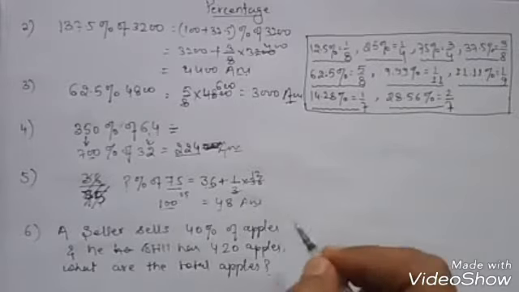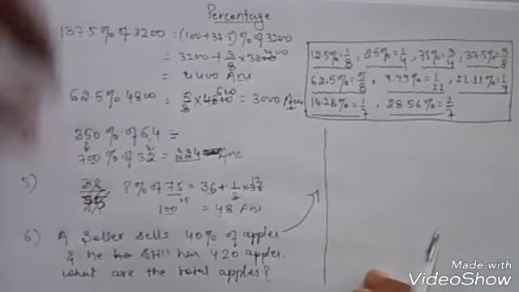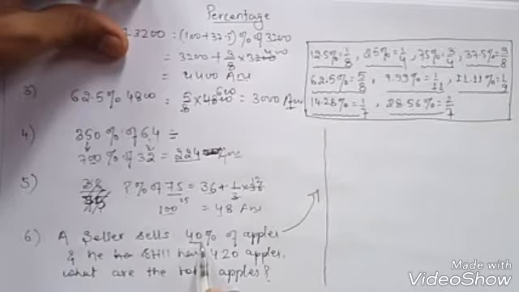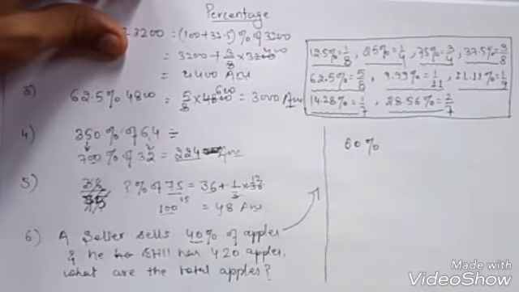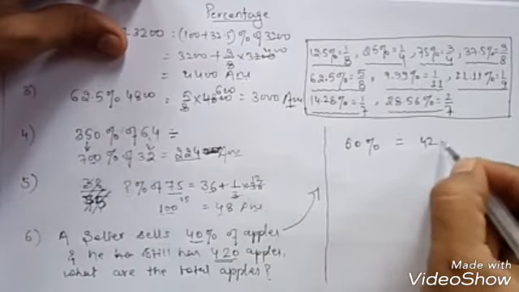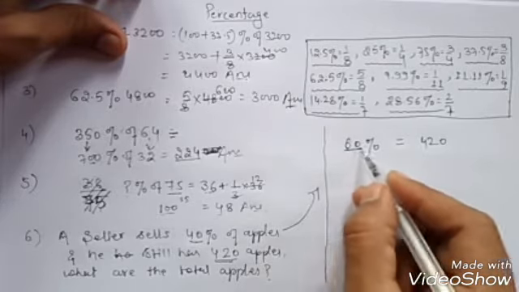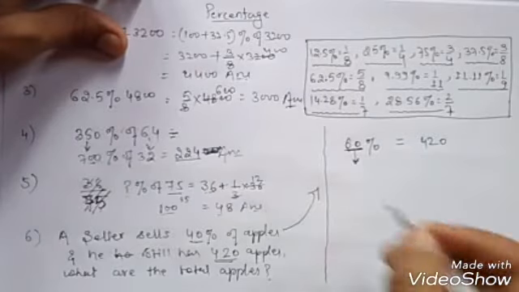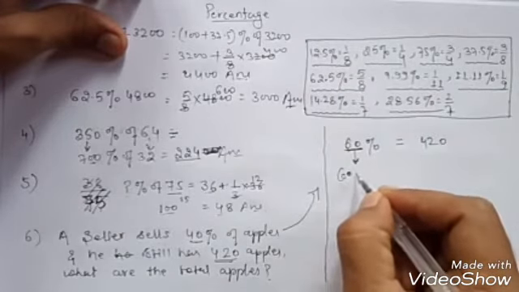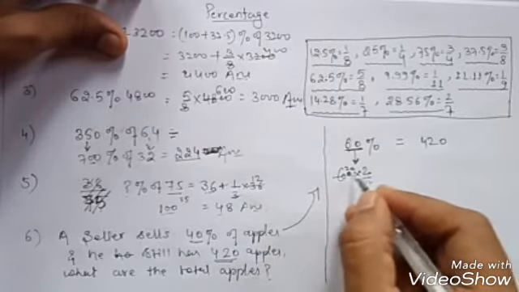Now I will solve this in this space. Okay, 40% he has sold, right? So remaining is 60%. The value of 60% is equal to 420. Apply here the same concept. How do I make this 60 into 100? I will simply add 2/3 of 60, that is 40, right?